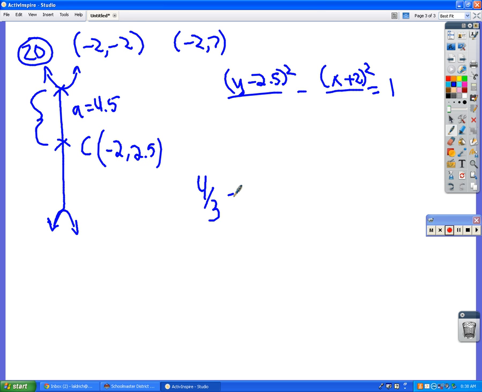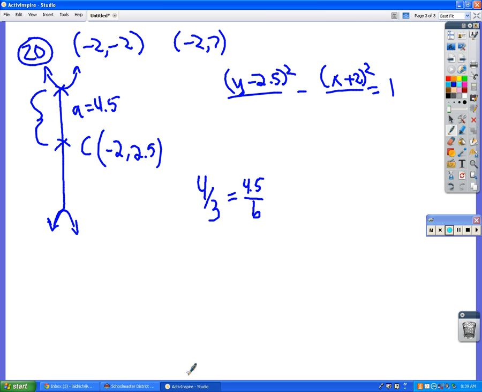What is the slope this time, a over b or b over a? A over b. Really? If we go this way, it's a over b? Okay, so that means 4.5 over b equals the slope, so b is not 3. I'm going to cross multiply and divide, so I get 13.5 divided by 4, which is 3.375.